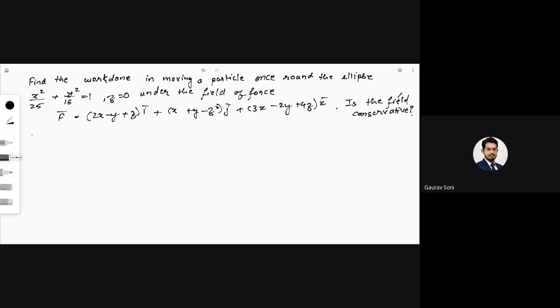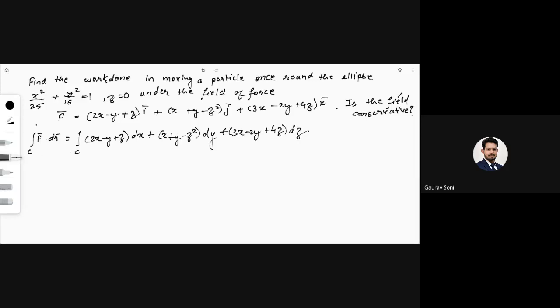So integral over the curve F bar dot dr bar is equal to integral over C, F bar dot dr bar, which will become 2x minus y plus z dx plus x plus y minus z square dy plus 3x minus 2y plus 4z dz.